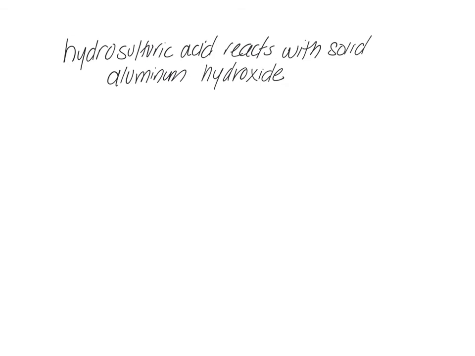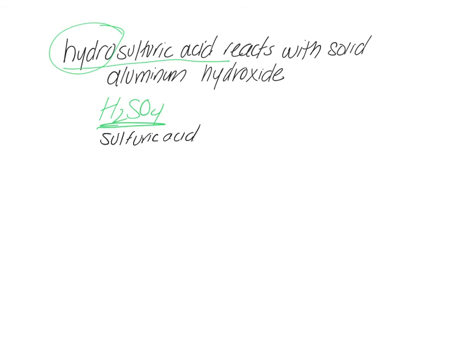Okay, this is a great one to do because lots of times people see hydrosulfuric acid and sometimes they just bypass the word hydro and write H2SO4. This is sulfuric acid, and it is not hydrosulfuric acid, so make sure that you actually have hydrosulfuric acid.